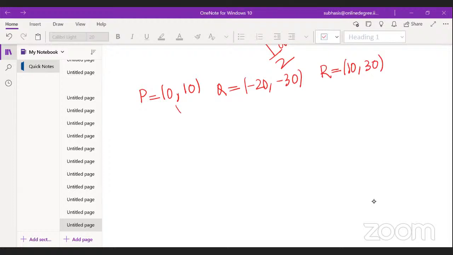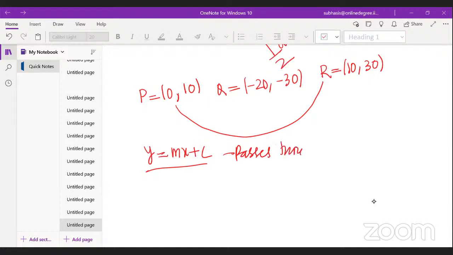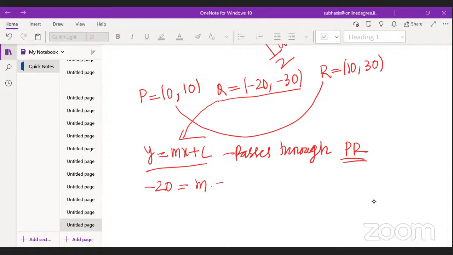Otherwise, you try to compute the equation of the line which passes through P and R, suppose mx plus c. Then check whether Q is on that line: put y equal to minus 20 and x as minus 30 in mx plus c.